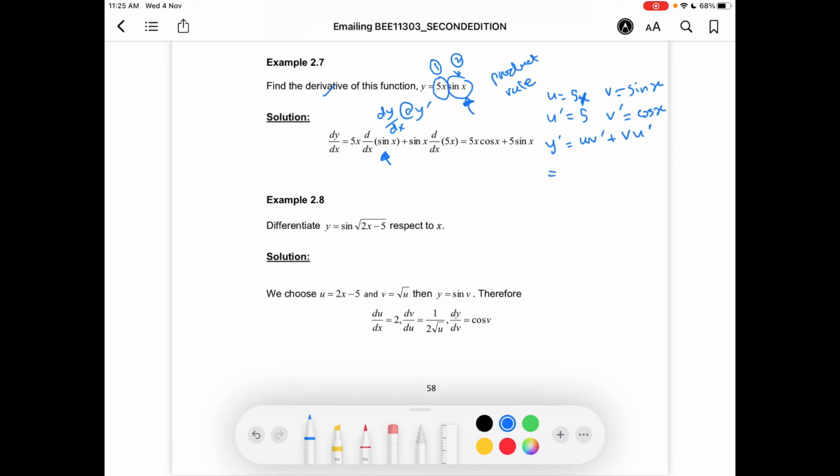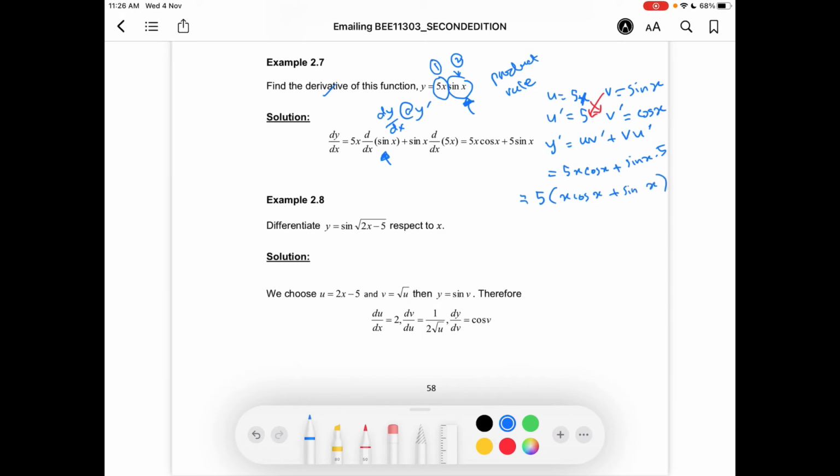Don't mix up the formula. So u v prime is 5x cos x, and the second term is v u prime, which is plus sine x times 5. If you want to simplify it, you can factorize it. The 5 here is a constant, so 5 times x cos x plus sine x.